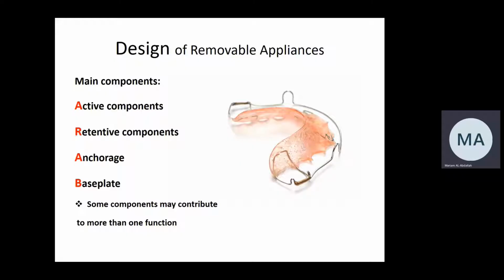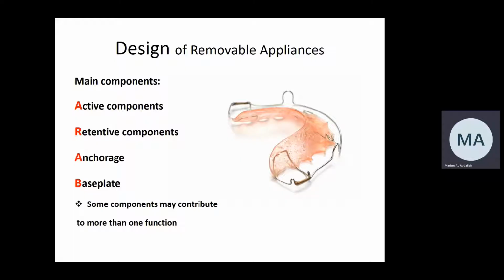Now, the way to do it is to look at the tooth or teeth that we are trying to move. The root surface area of these teeth will tell us the amount of the reaction that we want to resist. So we have teeth that we will move and teeth that should stay still.